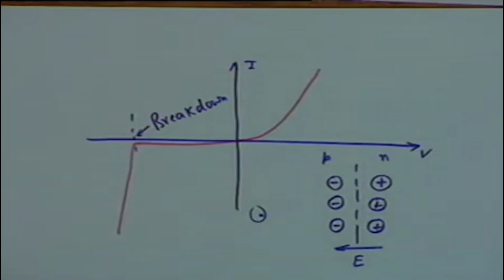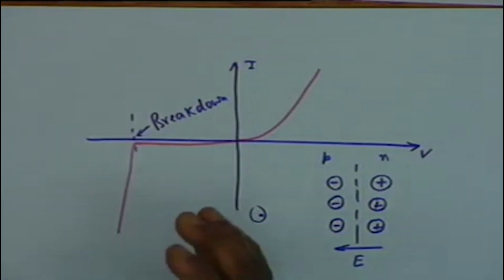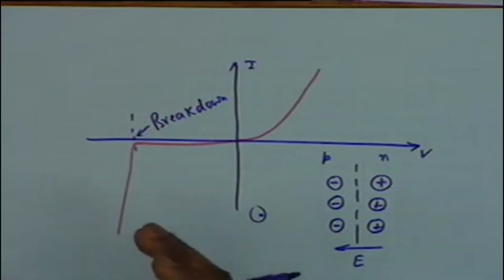Therefore, what it causes is an electron hole pair generation. And therefore the number of carriers available increases. And this onset is distinct.